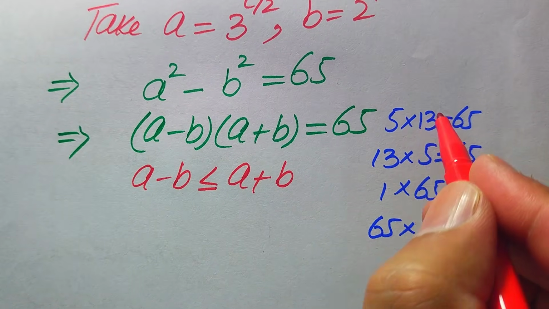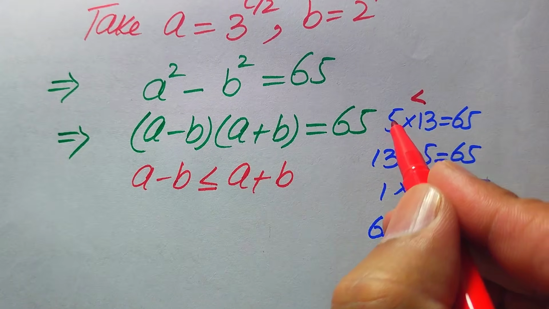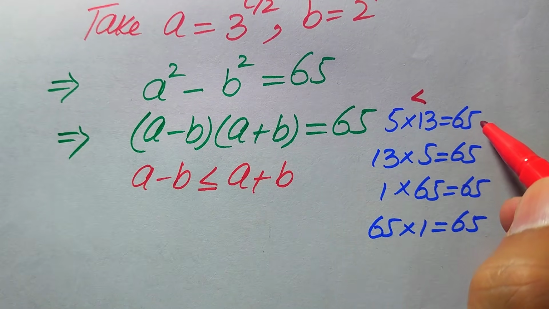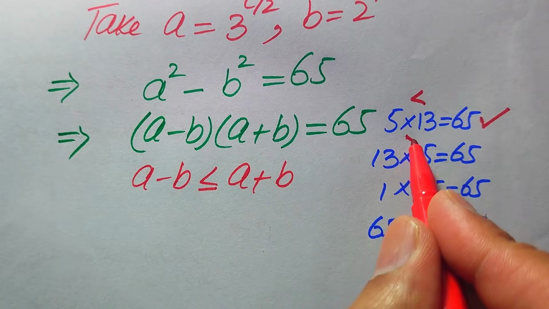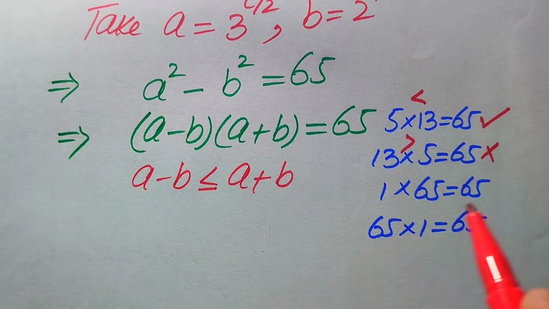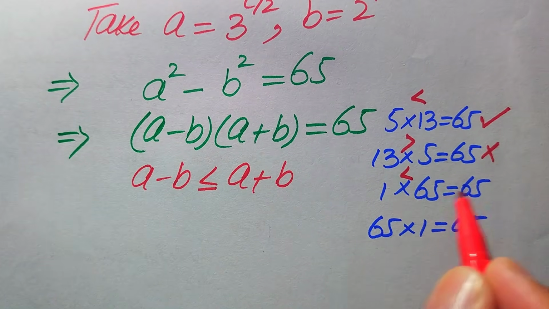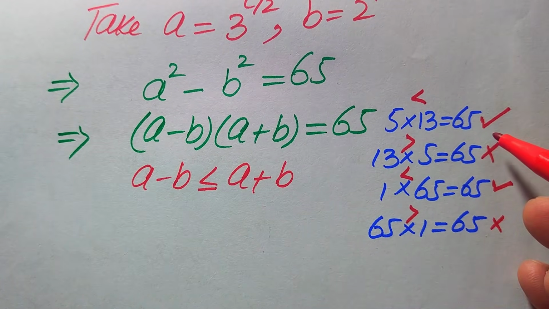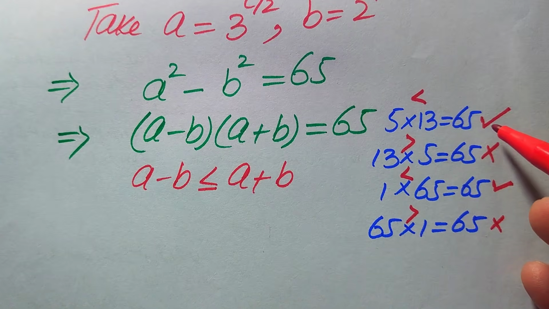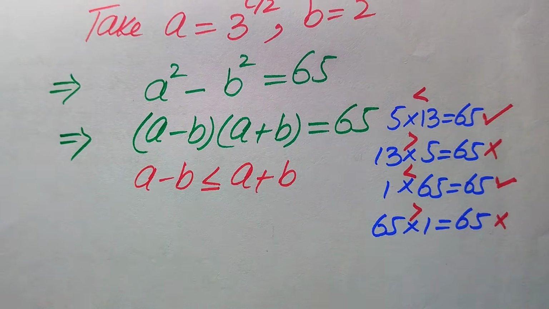You see here this is 5 and 13, and 5 is less than 13, so we accept this case. In this case 13 is greater than 5, so we reject this case. In this case 1 is less than 65, we accept this one, and 65 is greater than 1, so we reject this one.